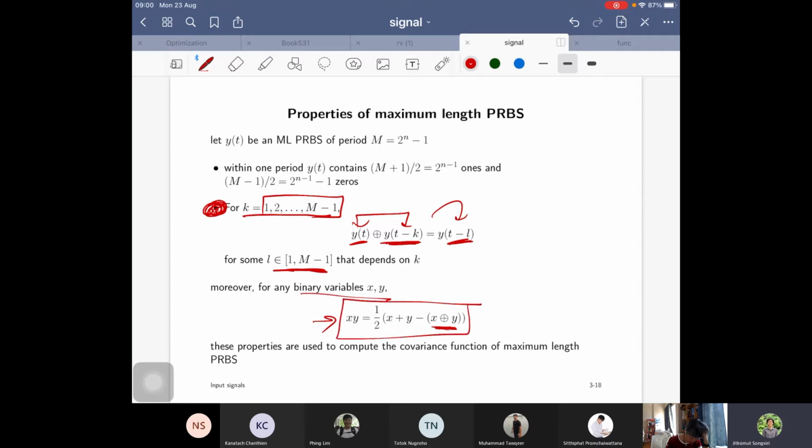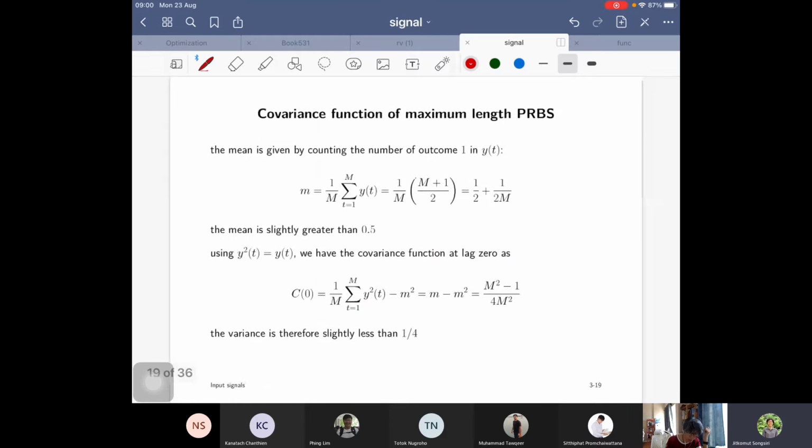You can just verify it by using a table. Just tabulate all the possible outcomes and check that both sides of the equation hold. Now we're going to use these three facts in order to compute the mean.